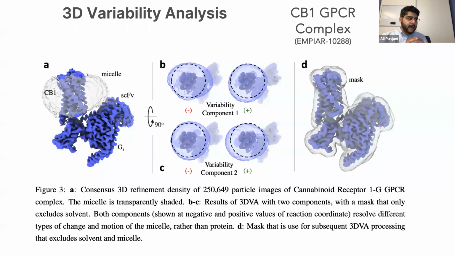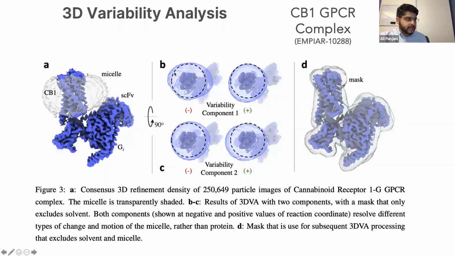And that variability is stronger than the variability of the protein. So if we use 3D variability naively on the entire data set with all the particles and nothing else changed, what we end up with are results that are shown here in part B of the figure. If you look at these 2 images, they're from one side and the other side of variability component 1, solved just directly. And this circle is in the same place in both cases.